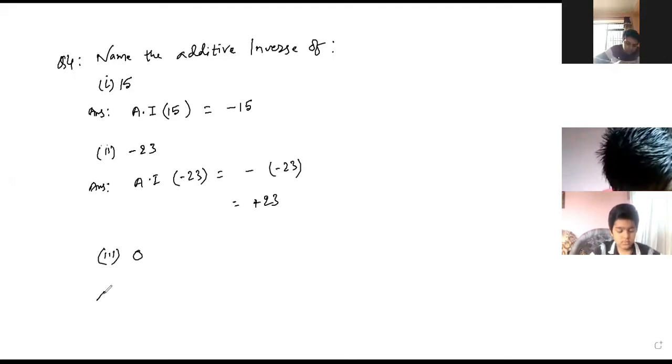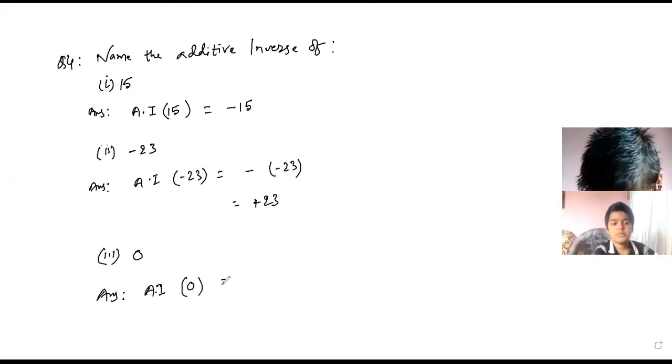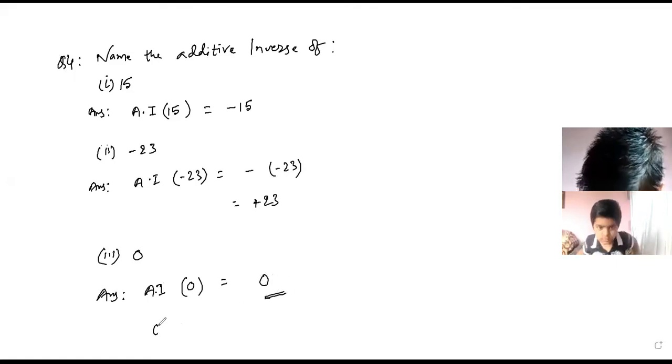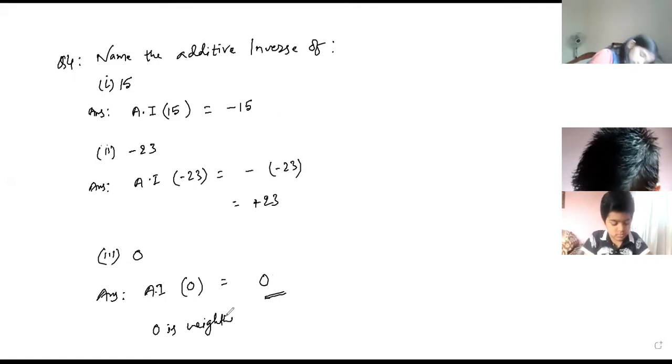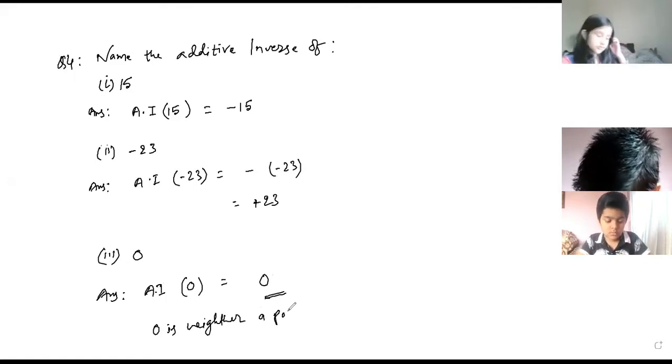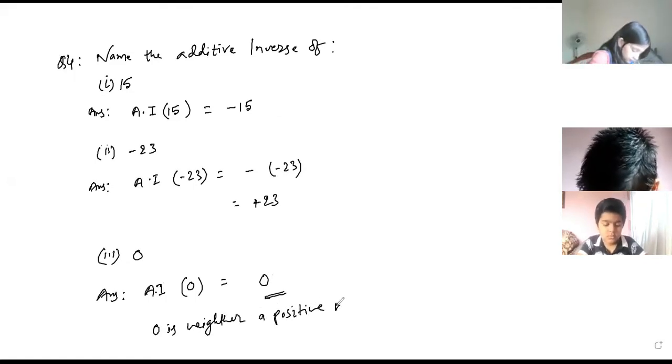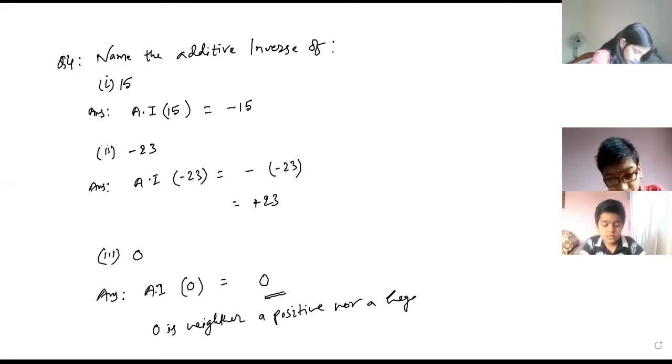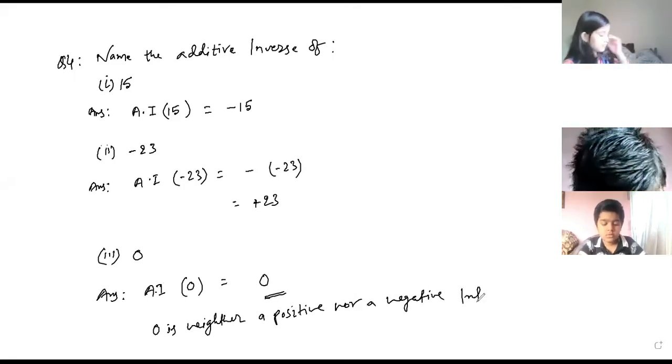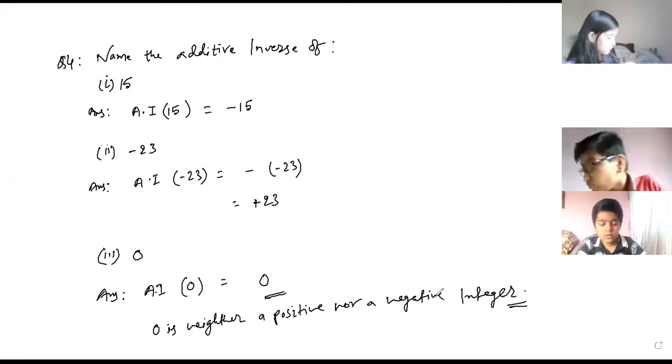Now 0. What is the additive inverse of 0? It is 0 only. Why? Because 0 is neither a positive integer nor a negative integer.